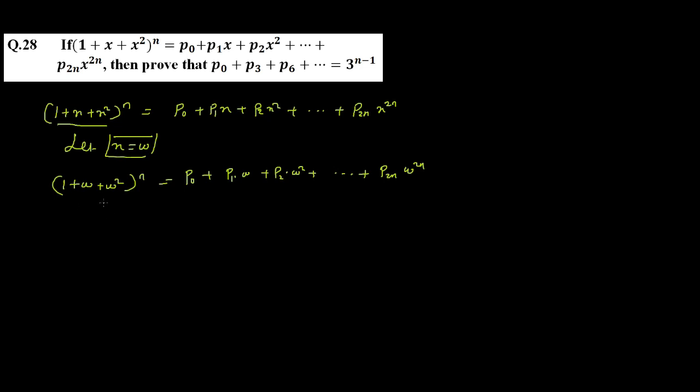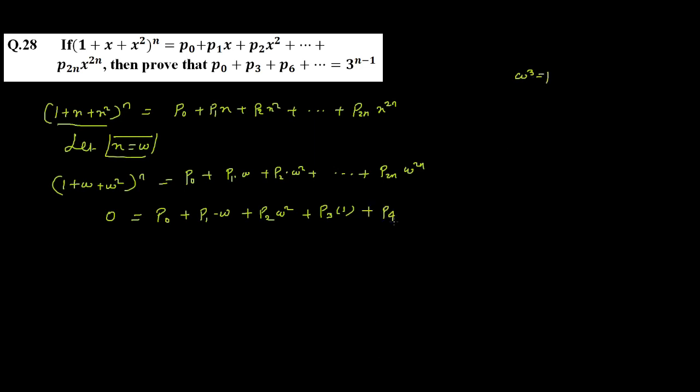As we know, 1 plus omega plus omega square equal to 0, so the left hand side will become 0. The right side is p naught plus p1 into omega plus p2 omega square. The next one is p3 omega cube, but instead of writing omega cube, I am writing just 1, because I already know omega cube is equal to 1.